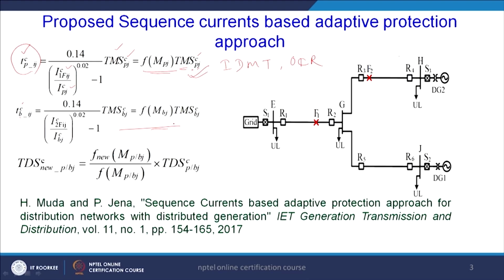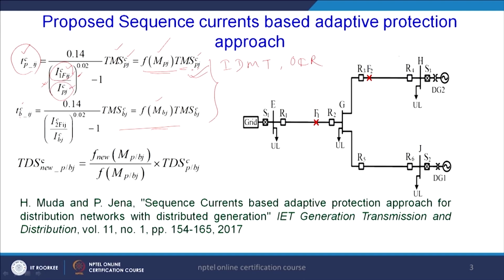If you look at these two equations, the time of operation of the overcurrent relay depends on the function f of M_PJ or f of M_BJ. This function depends on the pickup setting multiplier, which is the fault current divided by the pickup setting.